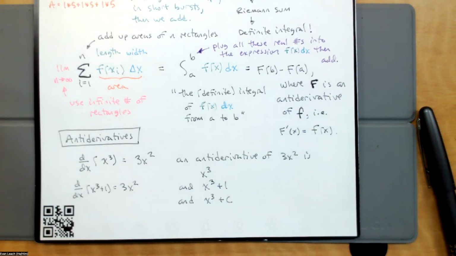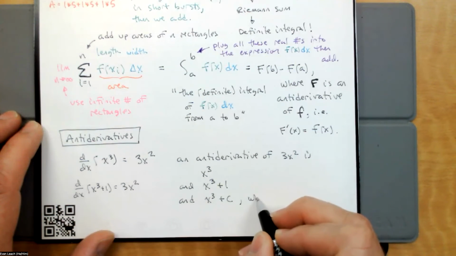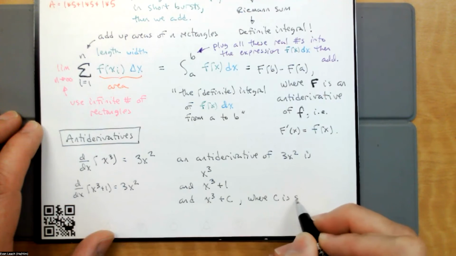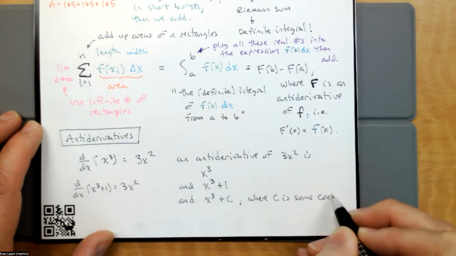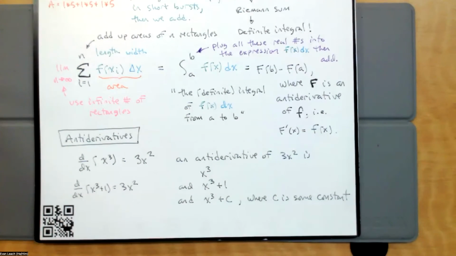So the general antiderivative of 3x squared will be x cubed plus c, where c is some constant. That's because the derivative of a constant is equal to 0. Any questions? Told y'all you knew how to do this already.